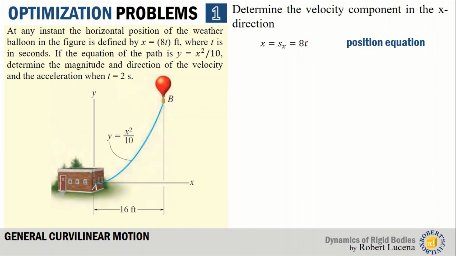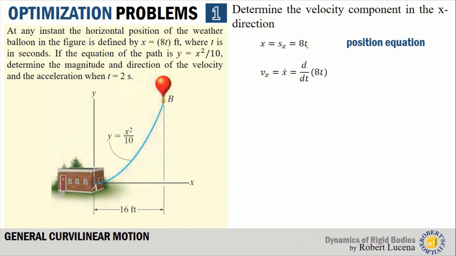So if you have a greater value of t, definitely you would get a greater value of x. So that means the weather balloon, as time goes by, moves farther and farther away from point A, because as you can see from the equation, as t increases, the value of x increases. So this is now the position equation along x as a function of time.